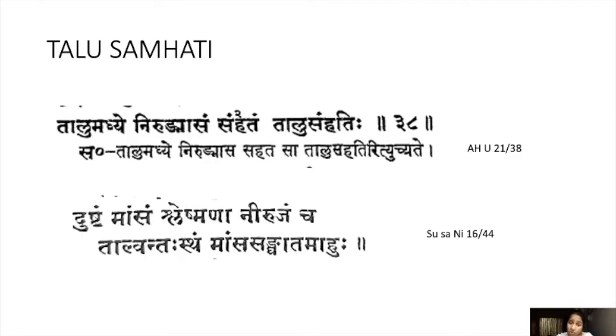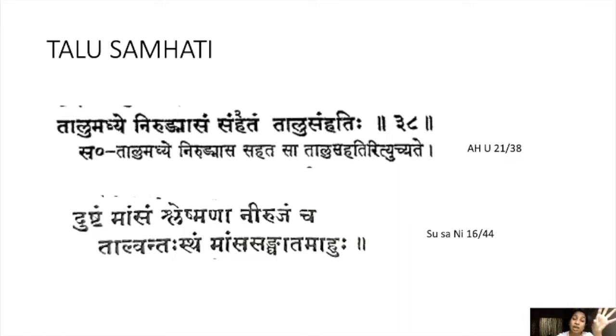So in Susra Samhita also, Dushtam mamsam sleshmana nirujam cha talu andastam mamsa sangada mahu. Dushtam mamsam, the vitiated mamsa: because of vitiated sleshma, the mamsa will get vitiated, and there will be a mamsa in the talu andastam, the inner part of the talu.